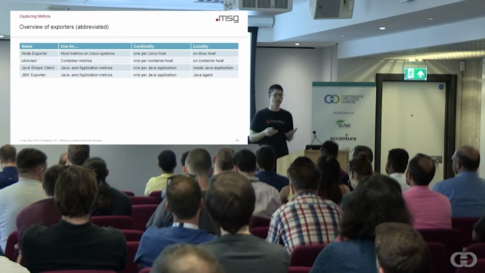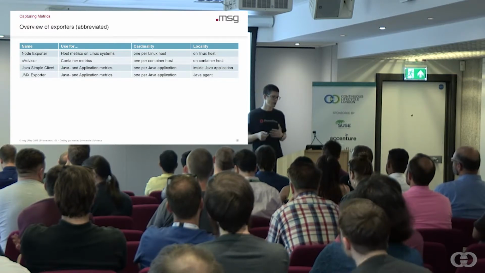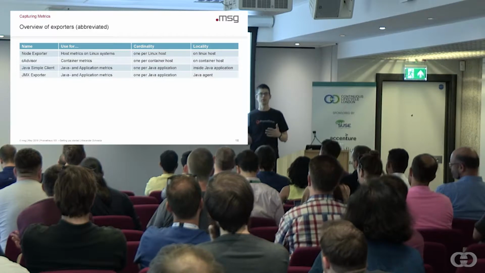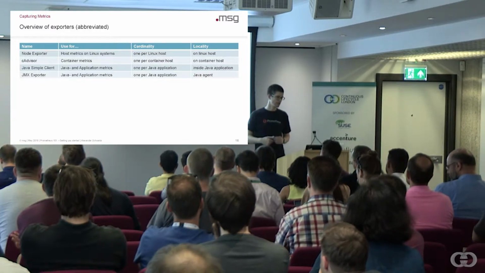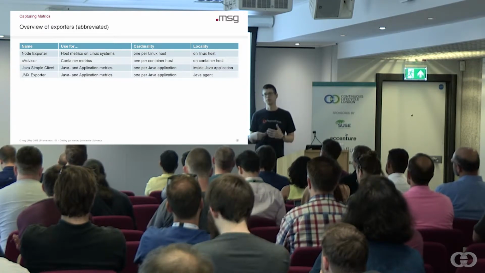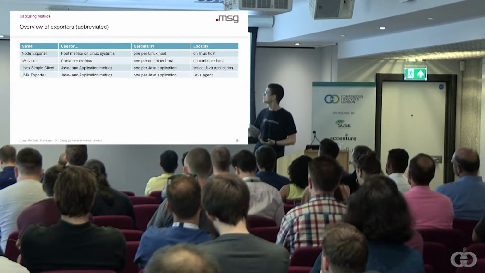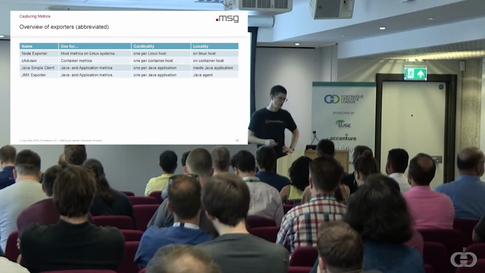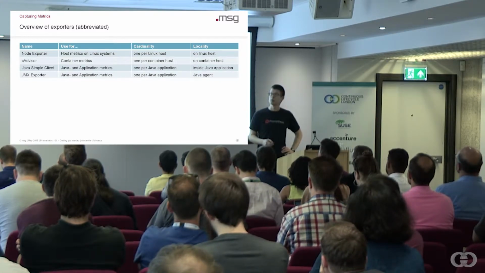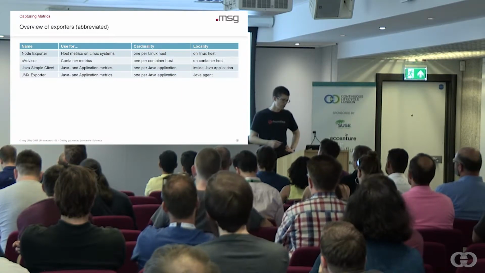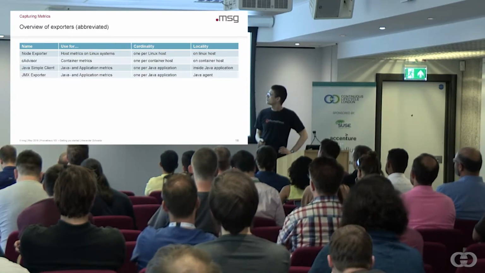When I want to monitor Java applications, I can either add an exporter to the application itself. So if it's in-house developed, I probably add the Java simple client to that application. If it's not in-house developed and maybe using JMX to export things, I put a Java agent to each single Java application. So you might see the number of exporters increasing over time, the more of your infrastructure you're actually monitoring.